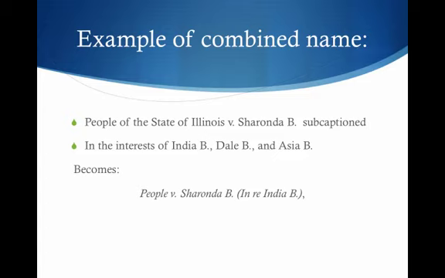The subcaption then happens in parentheses after People v. Sharonda B., in re India B. I eliminated Dale B and Asia B because they're additional parties listed that aren't necessary for my case cite. Notice that the entire name, both the adversarial name, the non-adversarial name, and the parentheses, all of this would be italicized or underlined.